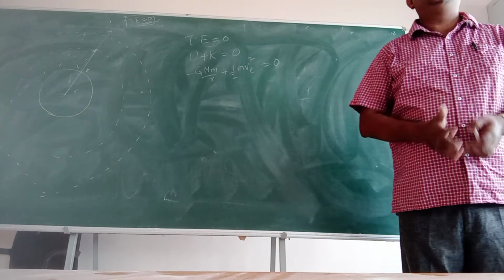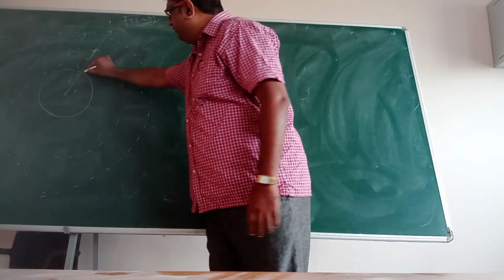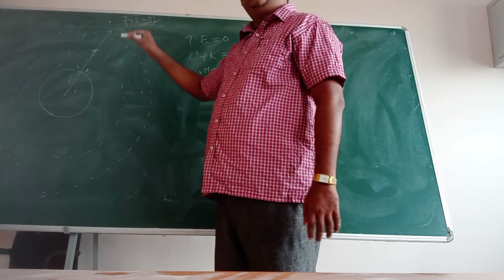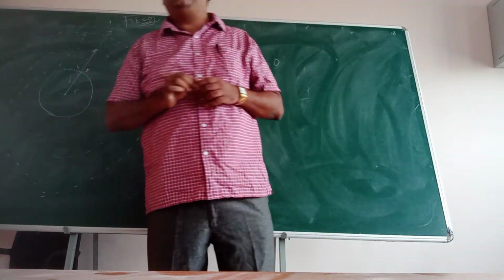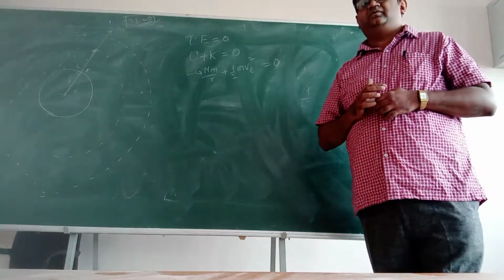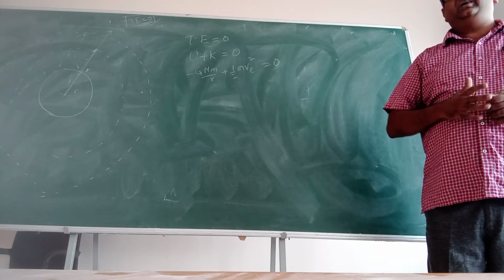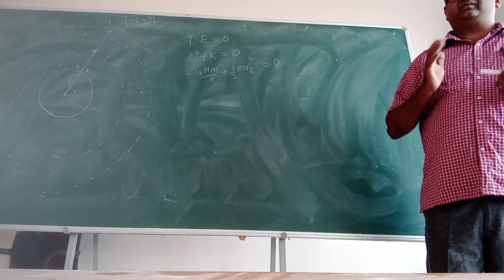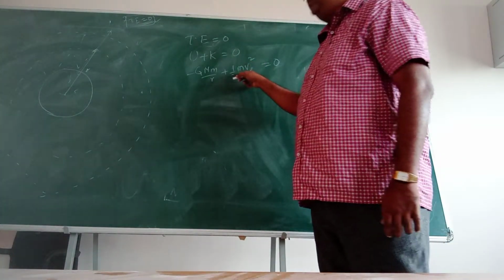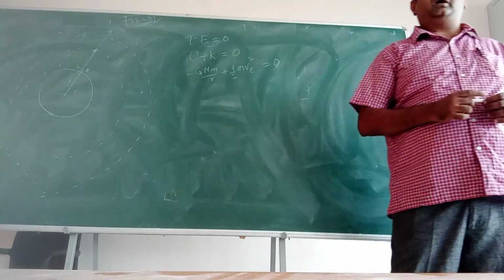Air also will try to obstruct, but we are not considering that. In our discussion, the effect of air resistance is 0. Here, small m is the mass of the satellite and capital M is the mass of the Earth.